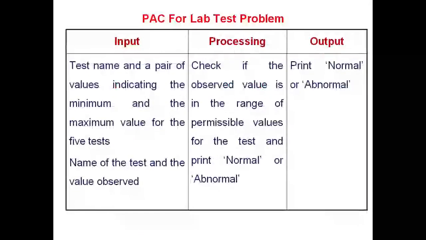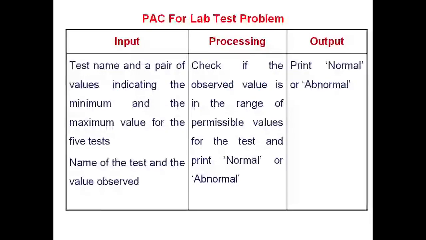So what is the PAC for this particular problem? The input is the test name. First of all we have to know what all the tests conducted in the lab are and the range of values in which that particular test will be said to have a normal value, right? So the input is the test name and a pair of values indicating the minimum and the maximum value for the 5 tests.